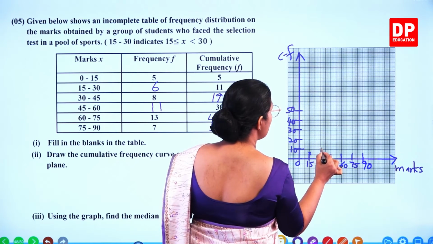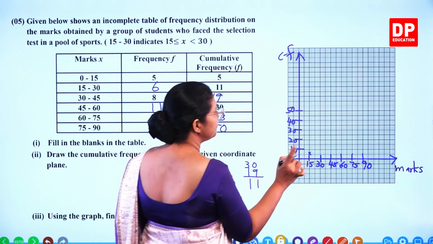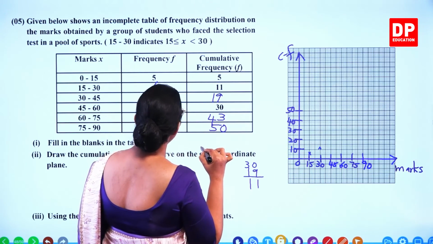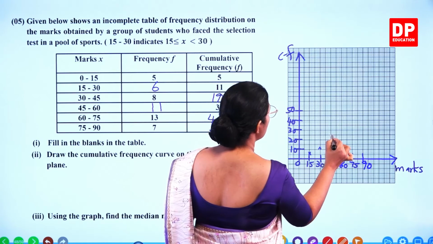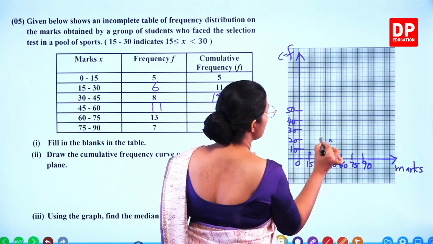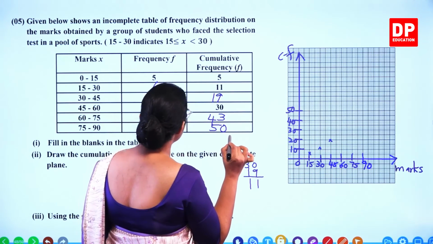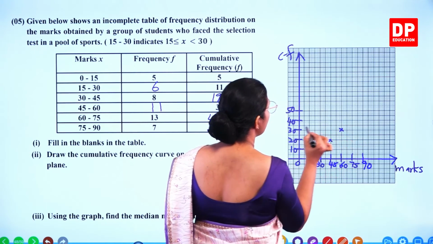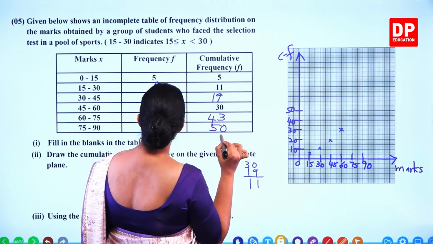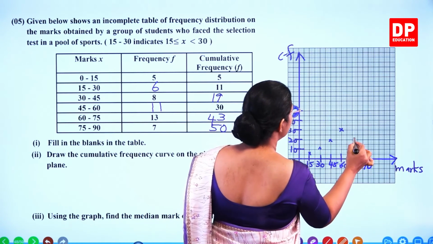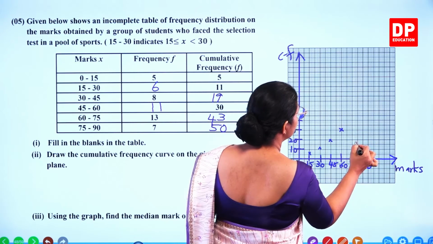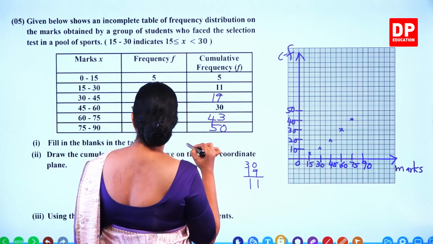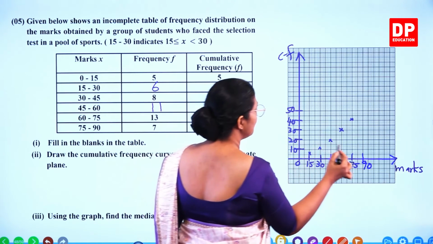Here, one small square is 2 units. 45 with 19, somewhere here. 60 with 30. 75 with 43. 90 with 50.